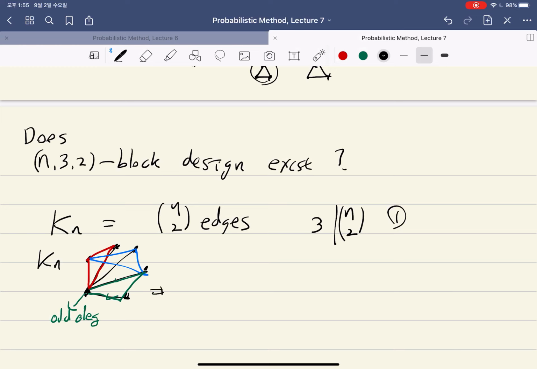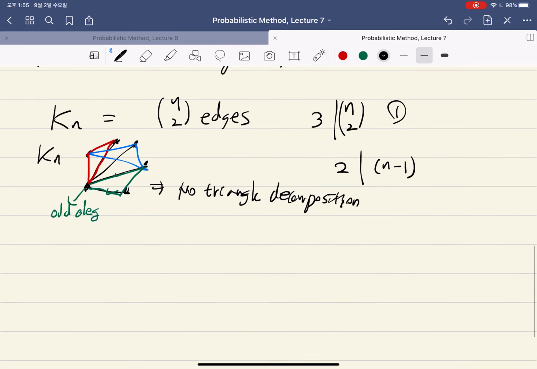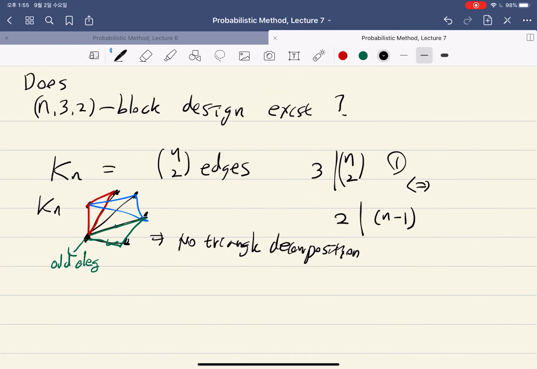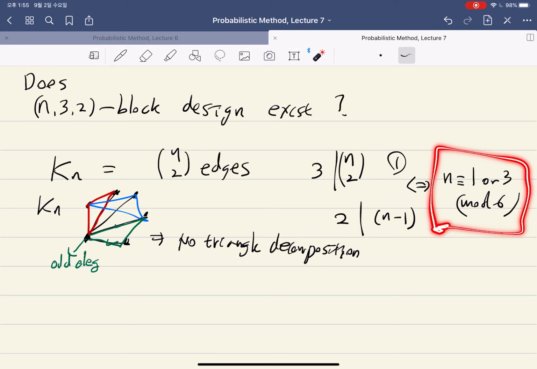So this implies no triangle decomposition. So 2 has to divide n minus 1. This is equivalent to saying that n is 1 or 3 modulo 6. So this is a necessary condition for the existence of an (n, 3, 2) block design.